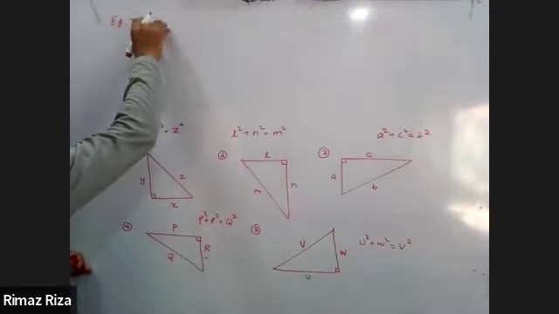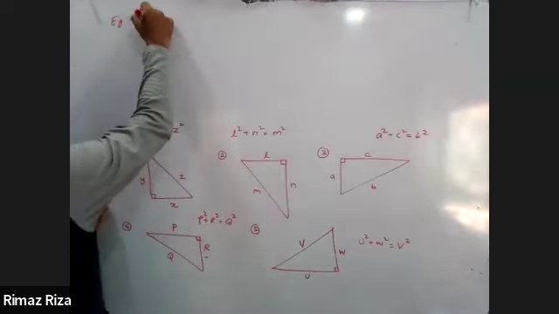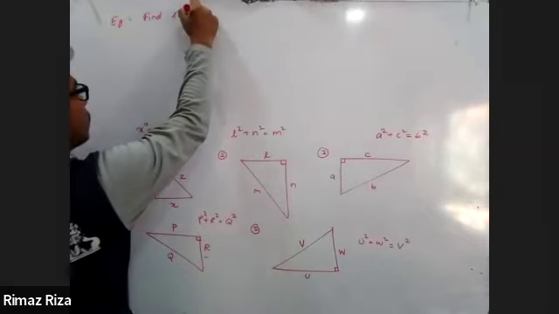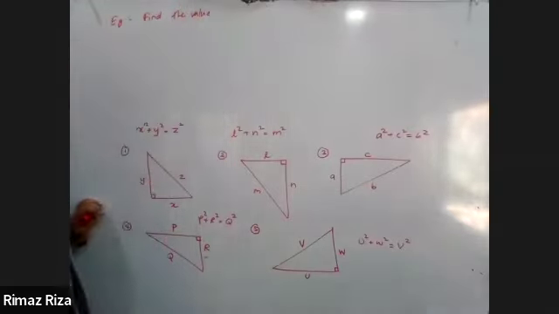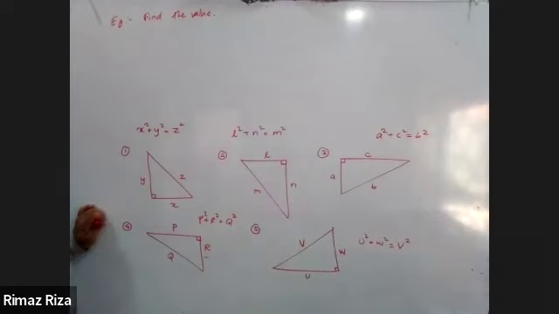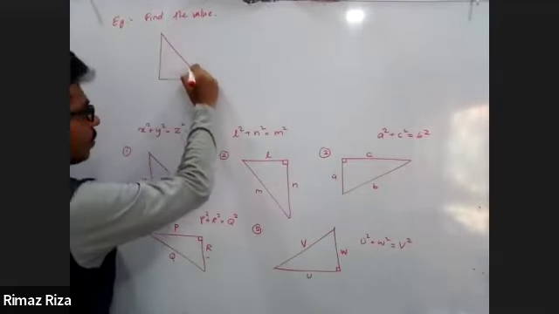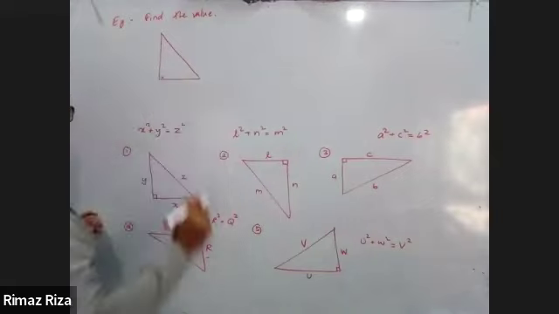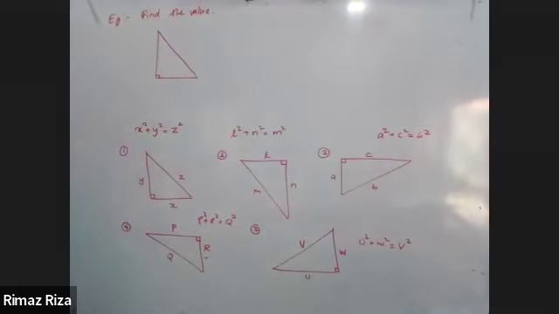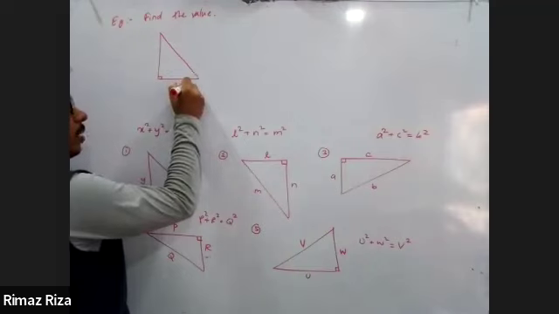Everyone please pay attention to the board. So this example, find the value of x. Just listen. Let's say we have a triangle, in fact a right angle triangle. Let's say this side is 3 centimeters.